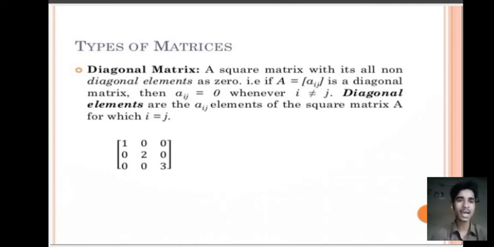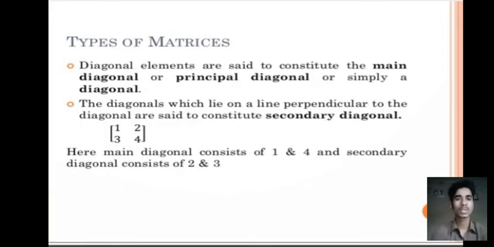Diagonal elements are the ij elements of the square matrix for which i equals j. Diagonal elements are said to constitute the main diagonal or principal diagonal or simply the diagonal.